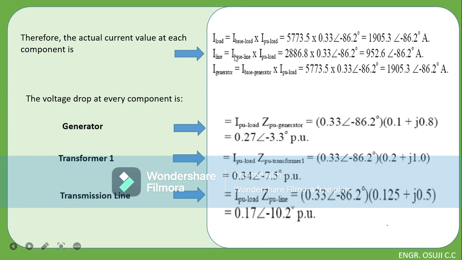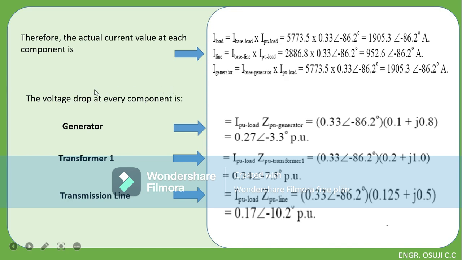The same is applicable to the line, I base line times I per unit load. Mind you, we are just retaining this load because I per unit load and I per unit line are the same. We told you they are all connected in series, so we are repeating them just the same way. So we have I generator is equal to I base generator times I per unit load, and that's what you have.